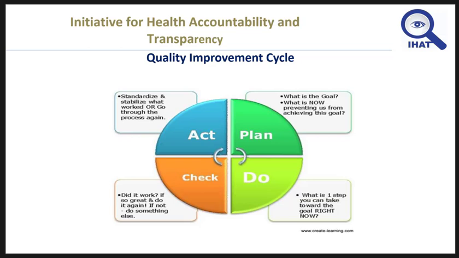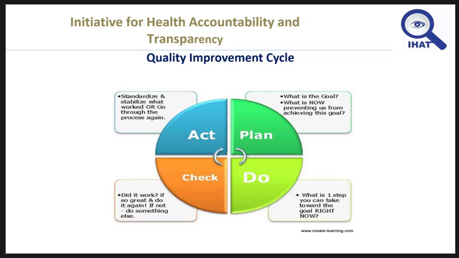As you can see in the circle, you have 4 different colors with different word inscriptions. The first is the dark green, which has to do with the plan, and the second with the inscription do, the third, which is the orange block with the inscription check, and the fourth with the blue color is with the inscription act.